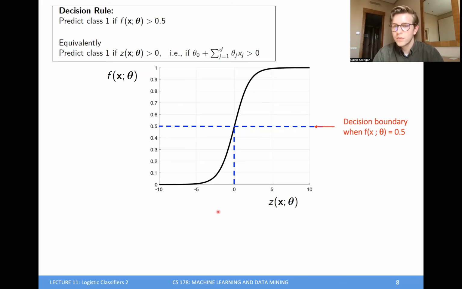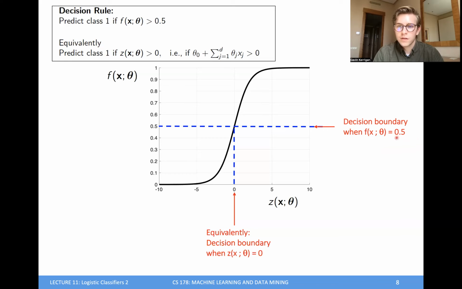In terms of decision boundaries, our prediction regarding the label really flips when this predicted probability is equal to 1/2. So our model says it's equally likely that y equals 0 or that y equals 1. And of course, this is the point where we're not sure how to label our data point. Both of the labels are equally likely, and so this forms our decision boundary.